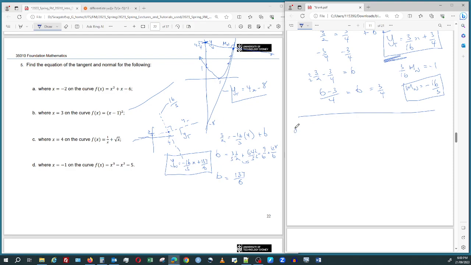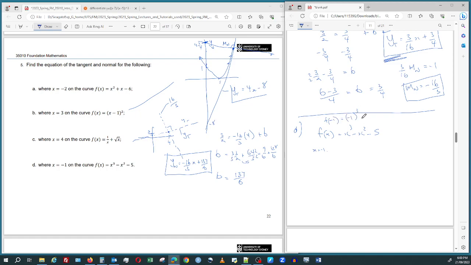Okay, so we're getting to D now. So the function is a cubic. Now a cubic will have a lovely shape. You can check that in Wolfram, just put that in please to satisfy yourself. X is -1, so we can get a y value and just put that in, -1 cubed.